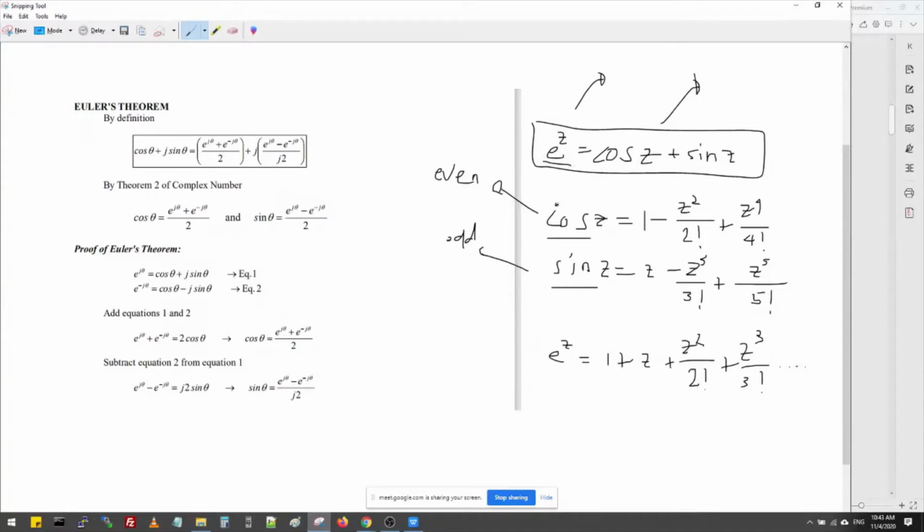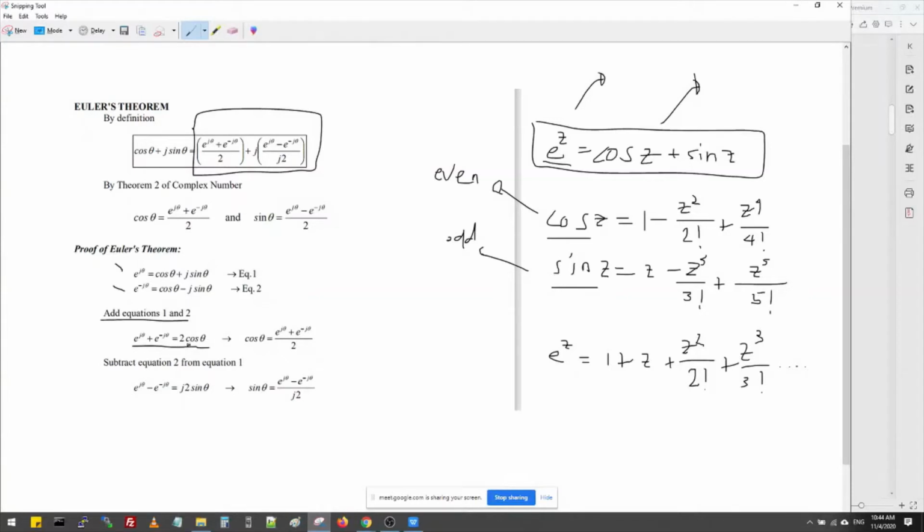By theorem number 2 of complex numbers, how can we get this? We can get the definition of Euler's theorem if we add and subtract the two equations. If we add equations 1 and 2, the result will be e raised to j theta plus e raised to negative j theta equals 2 cosine theta.